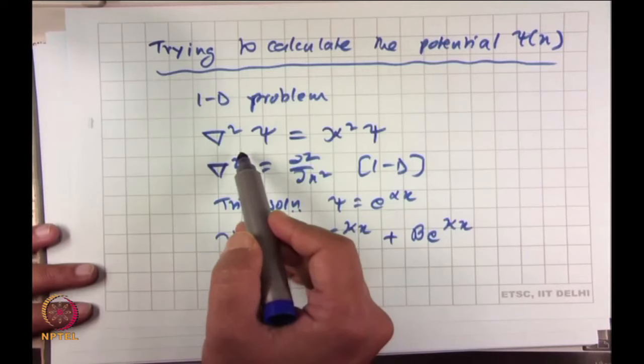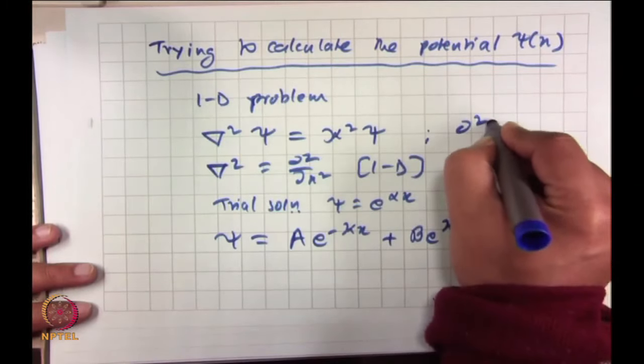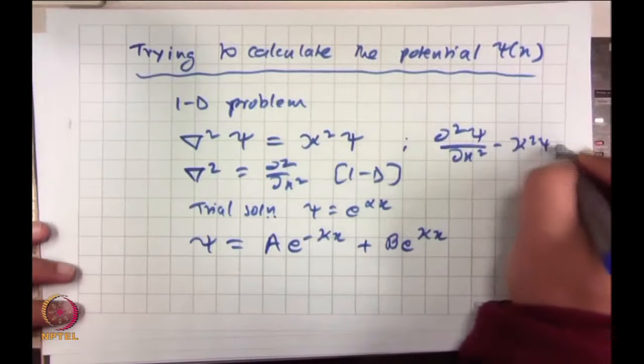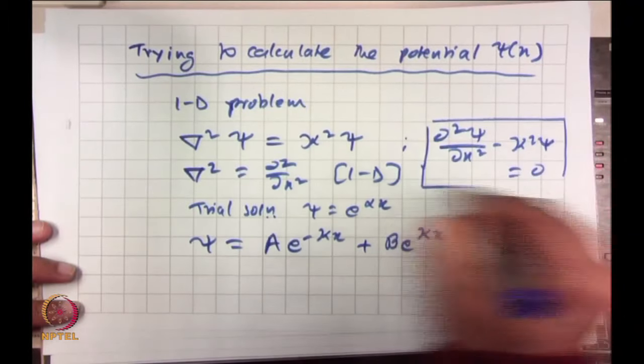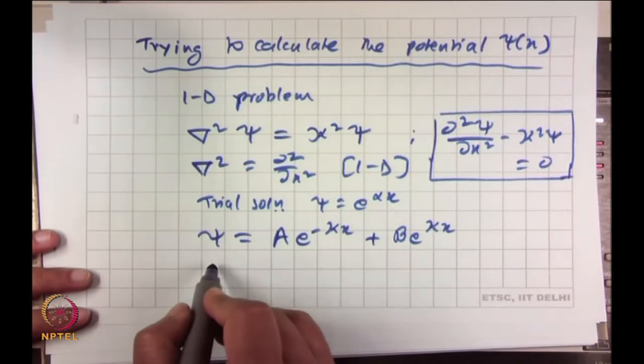The equation you are going to solve is therefore del 2 psi over del x squared minus kappa square psi is equal to 0. This is the one you are solving, right. So, you can see you already have a solution.